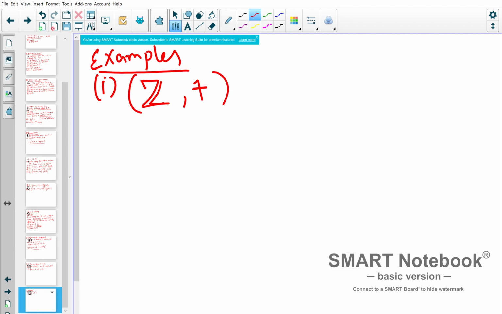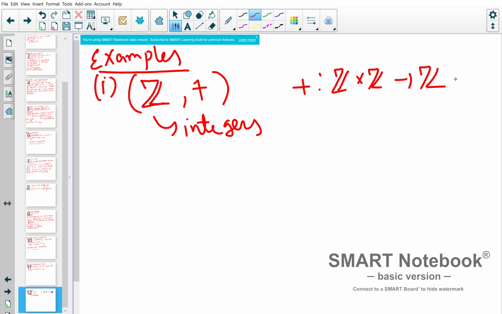So what does that mean? You have the collection of integers with the addition operation. So addition is an operation, a map Z cross Z to Z. It takes two integers, say n1, n2, and the image is nothing but n1 plus n2.